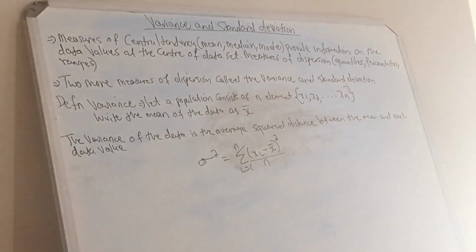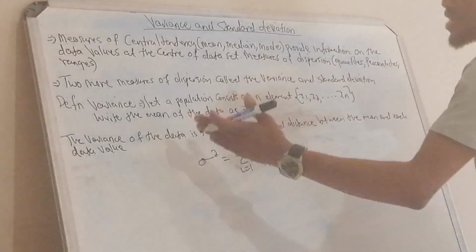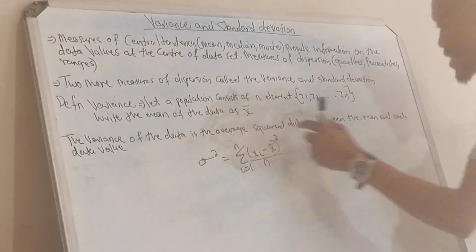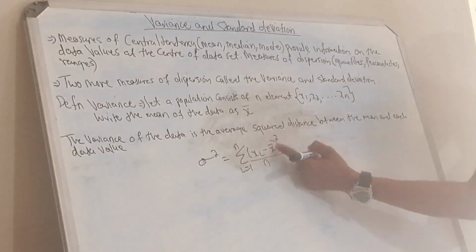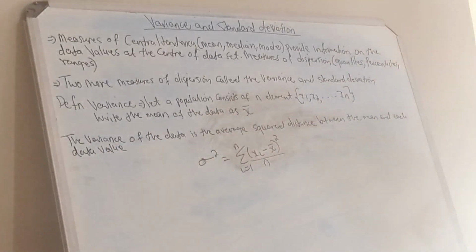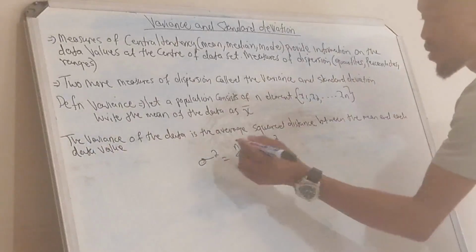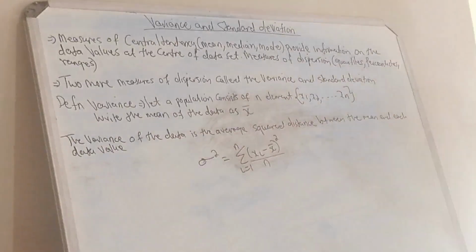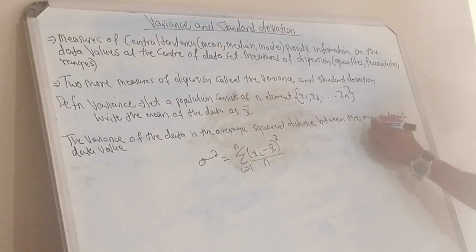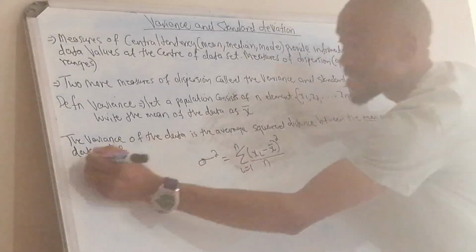That is the definition of variance: the average squared distance between the mean and each data value.